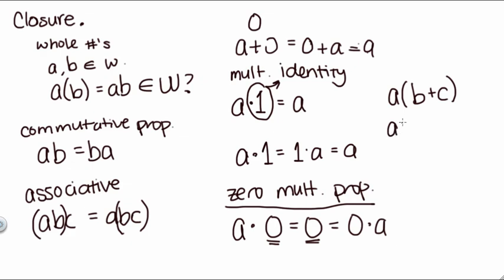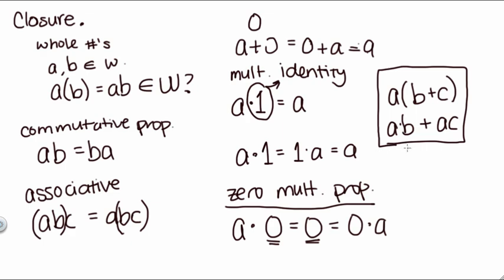So A times B, and then A times C, and then add it together. So I'll start off the next video with the distributive property and making a little bit more sense of where that comes from and why that happens.